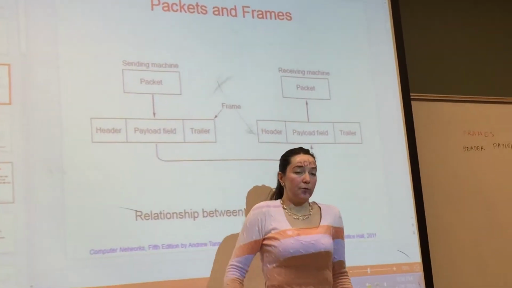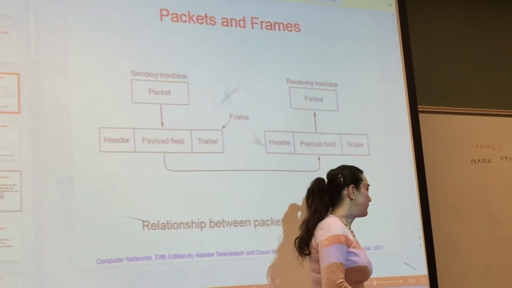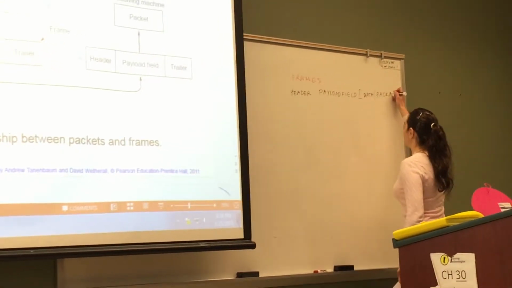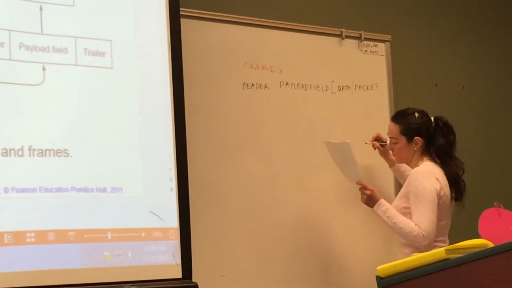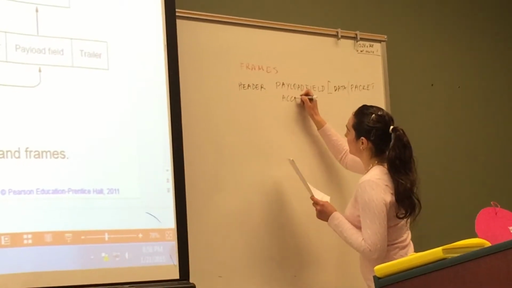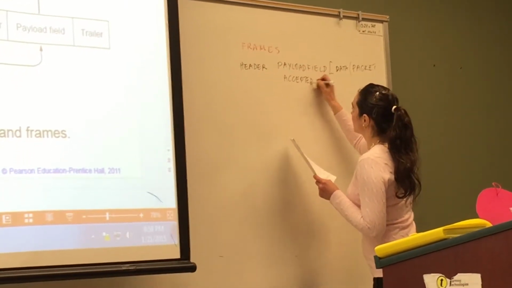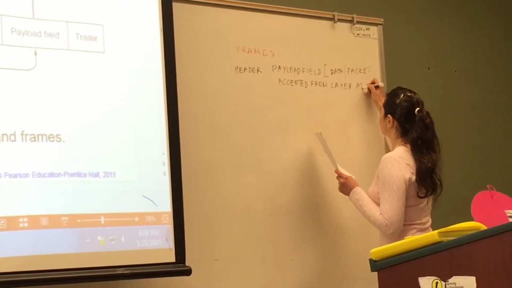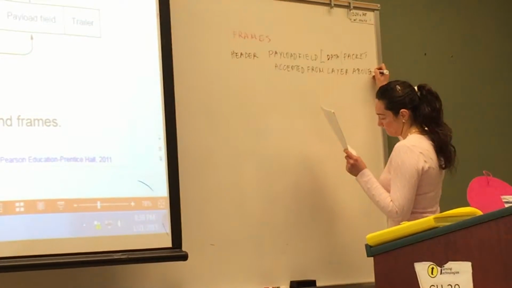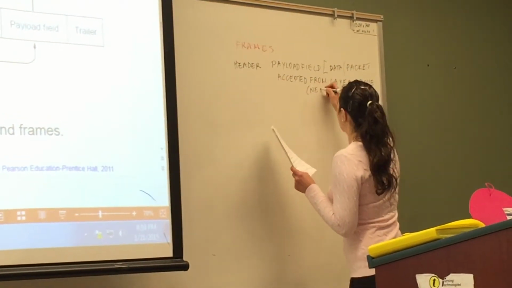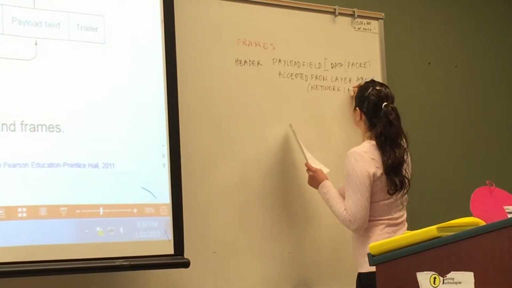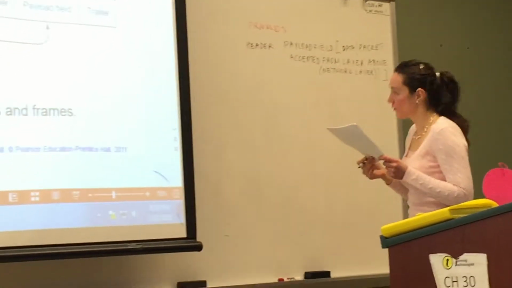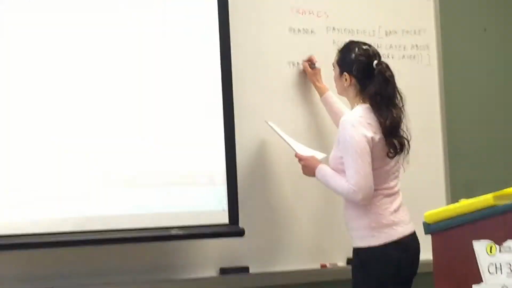So if we have the network layer, this will be the packet, accepted from the layer above it, the network layer. And then it has a trailer.